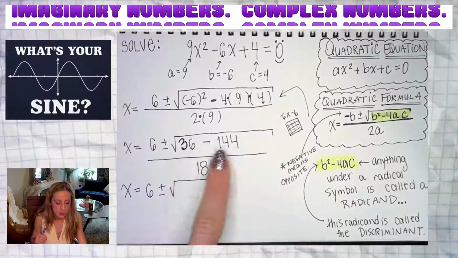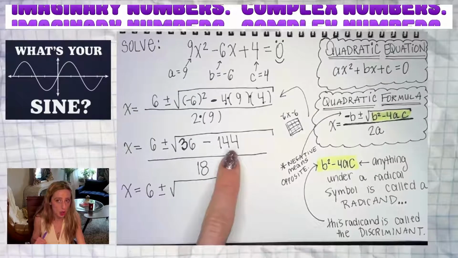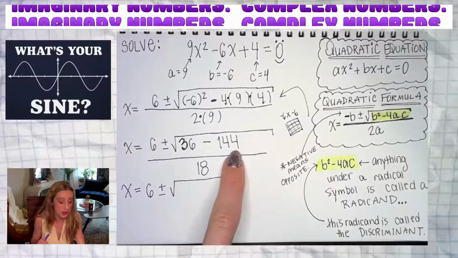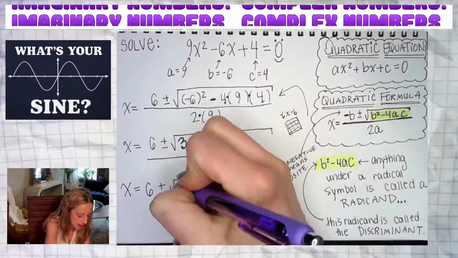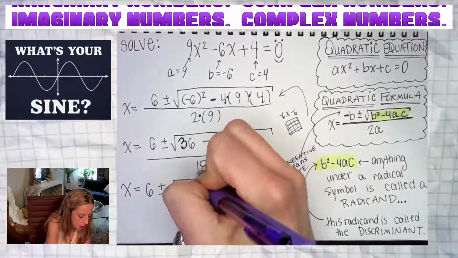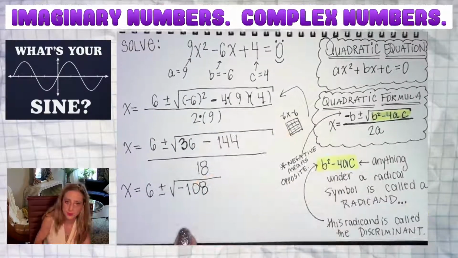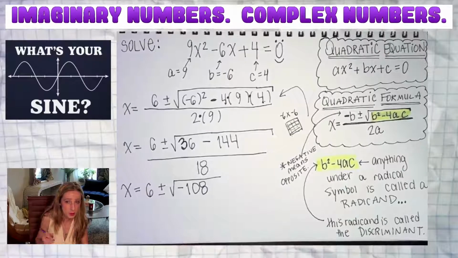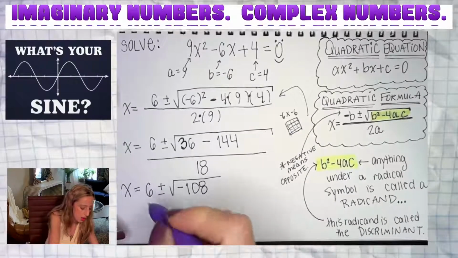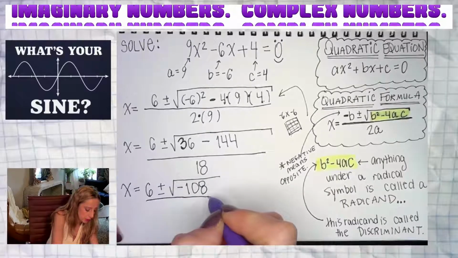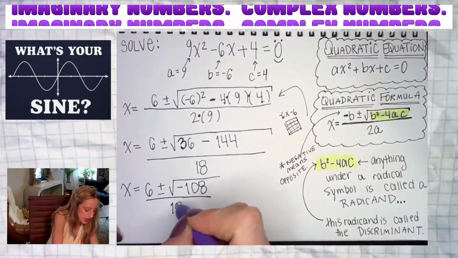We subtracted, but we take the sign of the bigger of the two numbers. So 144 is bigger. It's negative. So this should be negative 108. Okay? So if you got that, give yourself 2 thumbs up. All over 18.